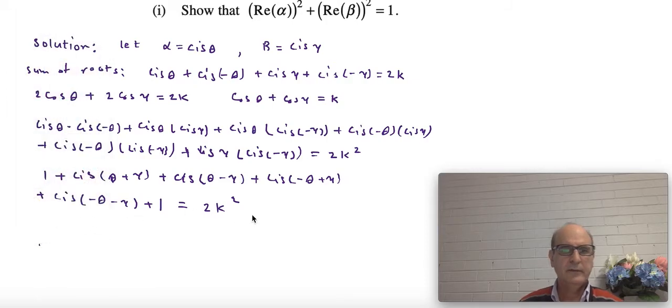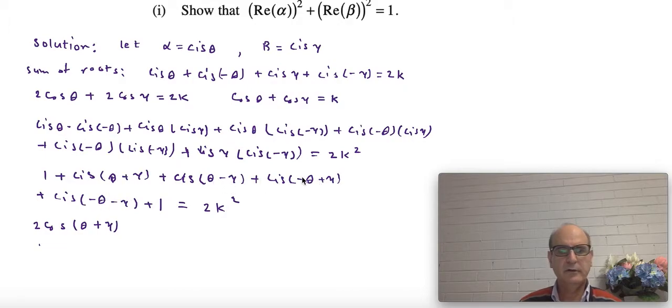And now if we take the 1 and 1 to the other side, that becomes 2k squared minus 2. But before that, as you can see, theta plus gamma and minus theta minus gamma are conjugates of each other because they are two opposite angles. So the imaginary parts cancel out, and we are going to have 2 times the real parts. So 2 cos(theta plus gamma). That is for these two.